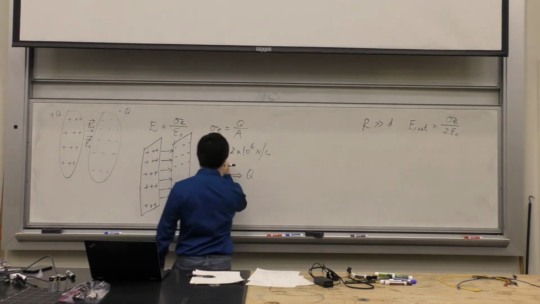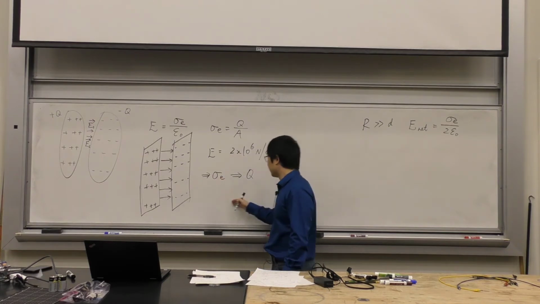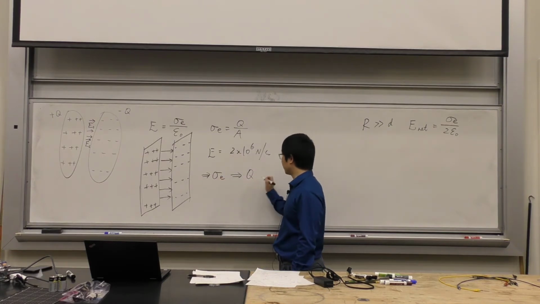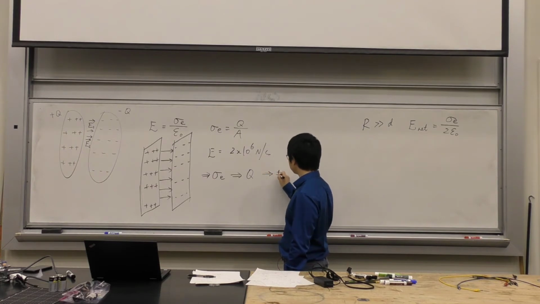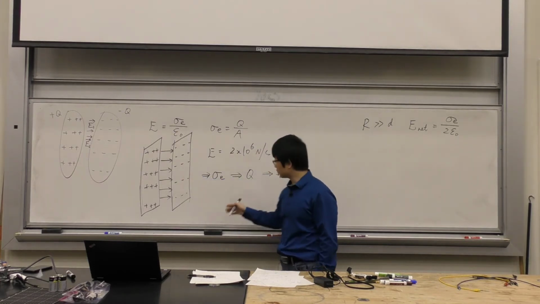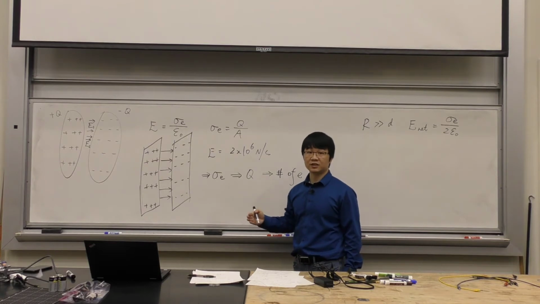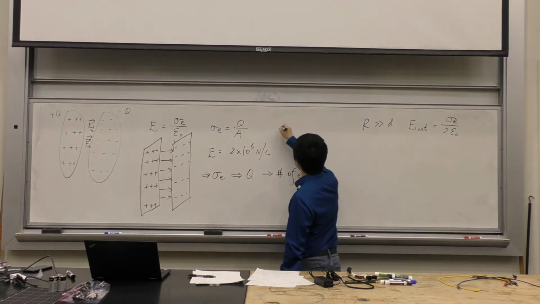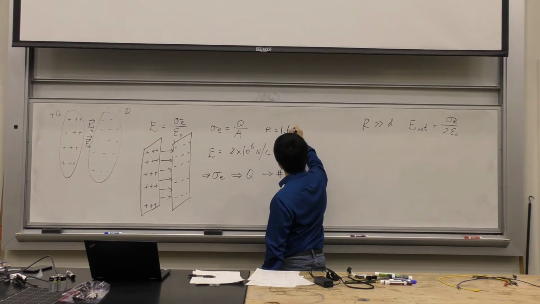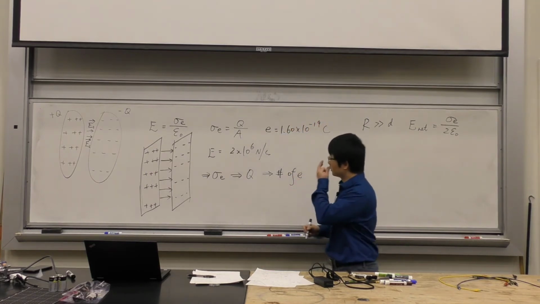So that means you're just going to do things backwards. You use the electric field to find the charge density needed on each plate, and find the charge needed on each plate. And then you can find the number of electrons you're going to move from this plate to that plate, because once you have the total charge, you divide that by the charge of each electron, which is a constant. So that's what we're going to do, right?